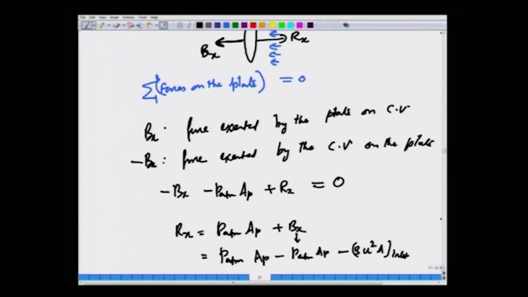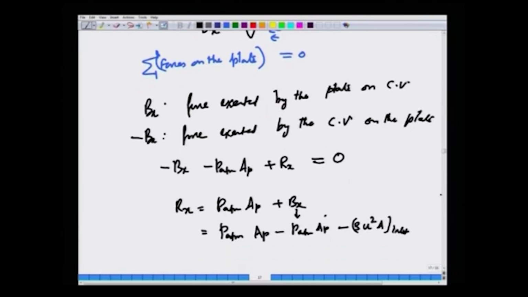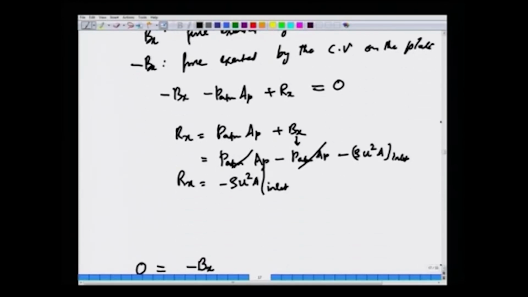Now, the 2 P atmosphere AP will cancel to give Rx is minus rho u squared A at the inlet, and remember that Rx is the force exerted by the hand on the CV.